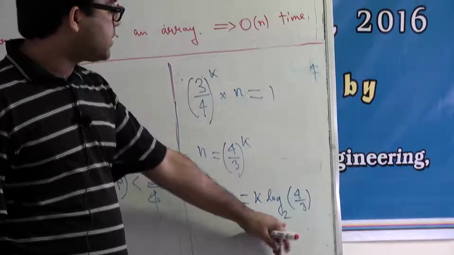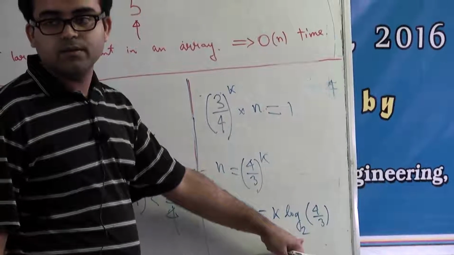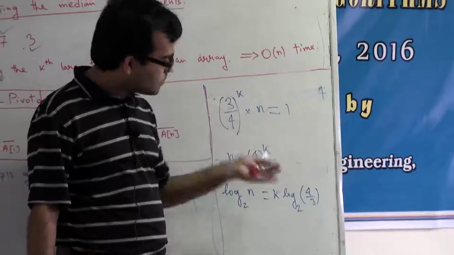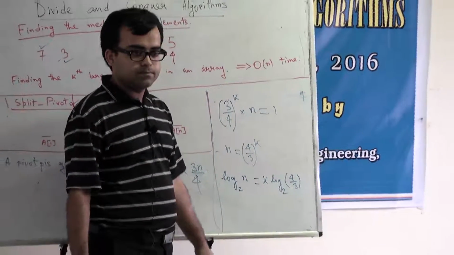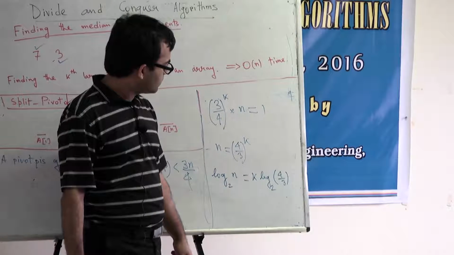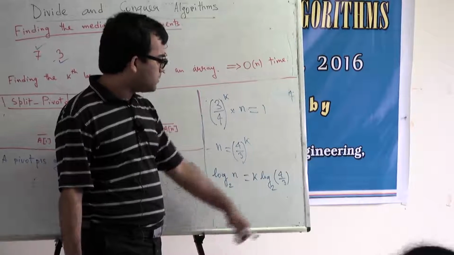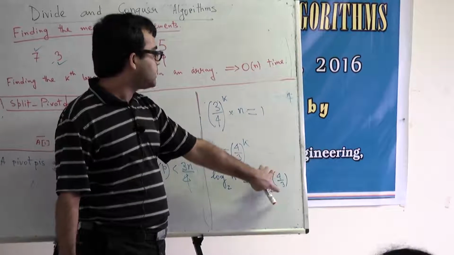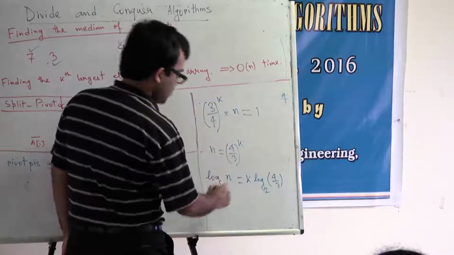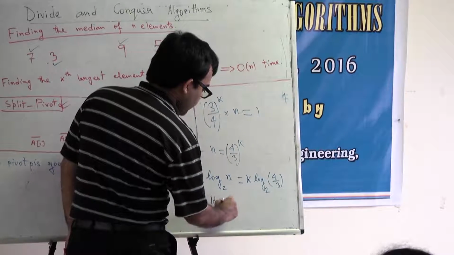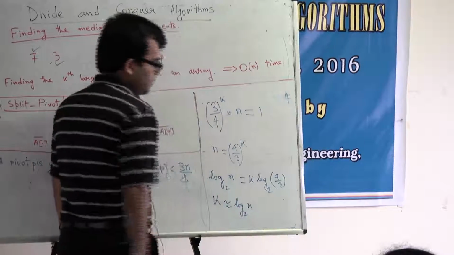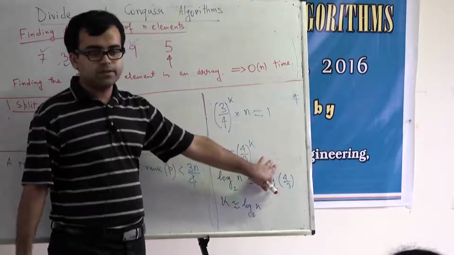This is just some constant, not slightly larger than 1, slightly smaller than 1. The main point is that this is some constant, okay? So, K is going to be roughly equal to log n, ignoring this constant.